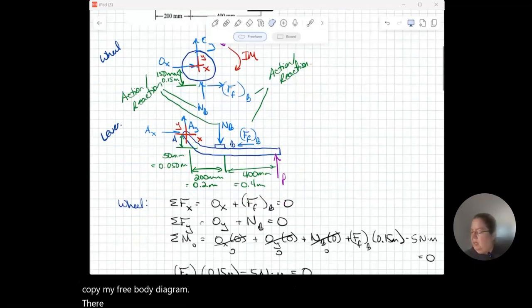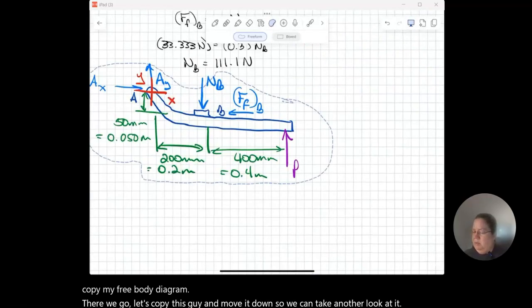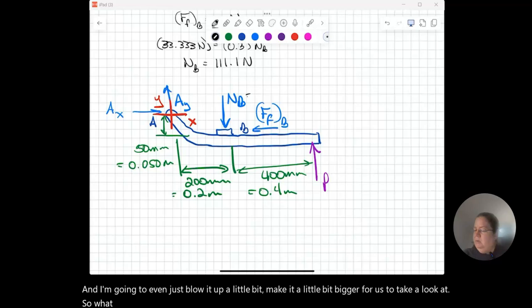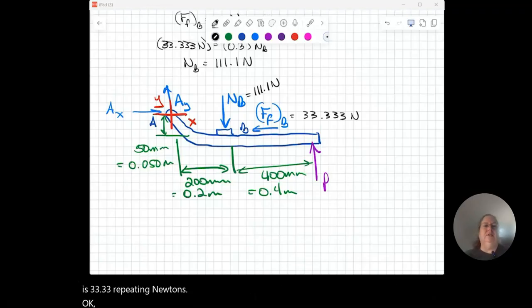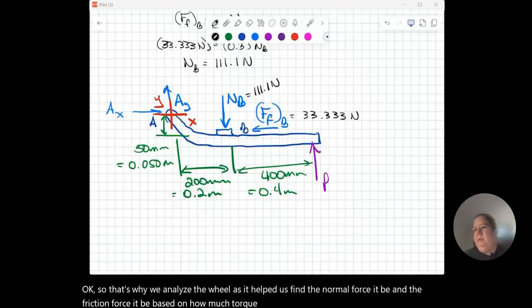Let's copy this guy and move it down, and I'll blow it up a little bit, make it a little bit bigger for us to take a look at. So what we just found is that this guy is 111.1 newtons, and this guy here is 33.33 repeating newtons. That's why we analyzed the wheel: it helped us find the normal force at B and the friction force at B based on how much torque or moment is applied to my wheel.